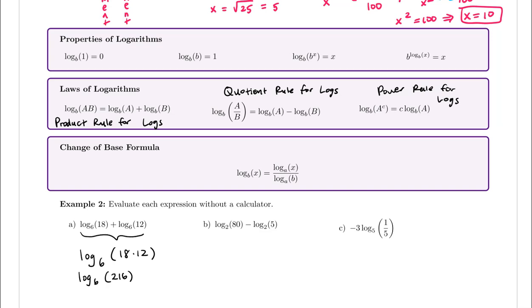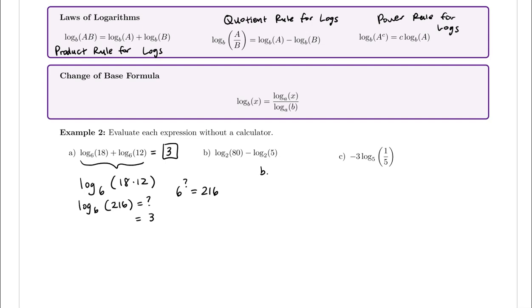And then this is essentially asking, suppose this was equal to question mark. If I used BAE, then that would say 6 to what power is equal to 216, and the value that makes this true is 3. 6 to the 3rd power is equal to 216. So this expression is equal to 3, and that's our final answer for part A.